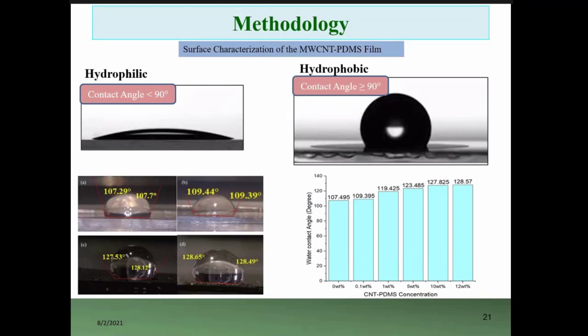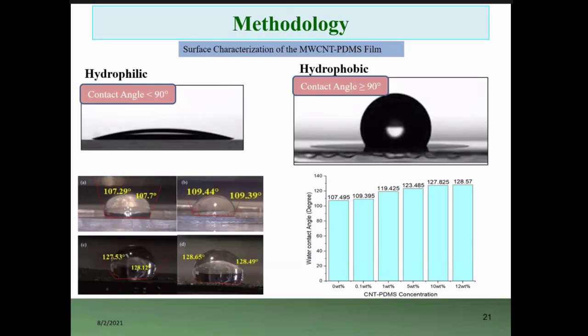Therefore, the water contact angle between the surface and the water becomes less than 90 degrees. The opposite happens with a hydrophobic surface. The hydrophobic surface doesn't like the water, so it will not attract the water, and the water will stay as a drop on the surface. Therefore, the water contact angle will be equal to or greater than 90 degrees.